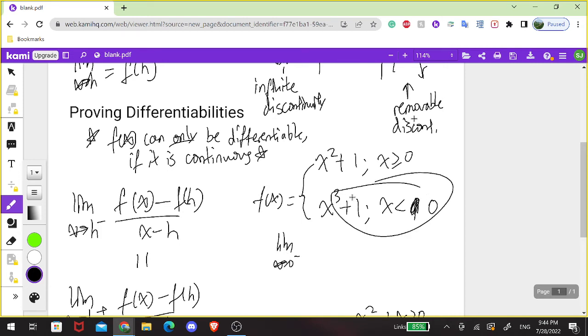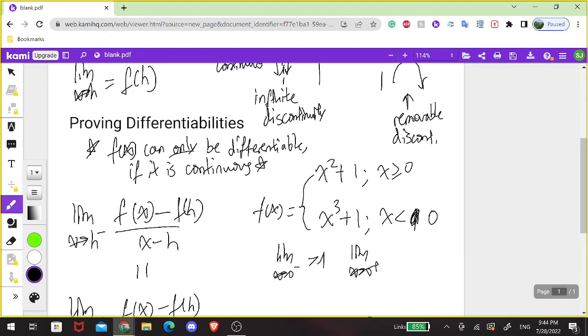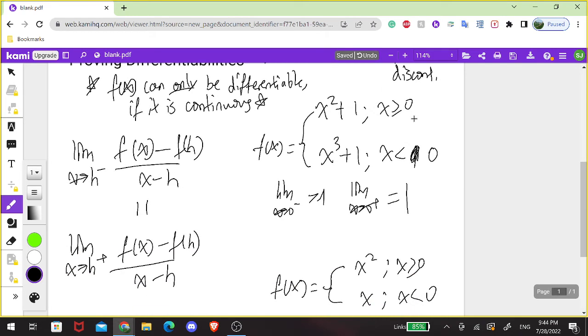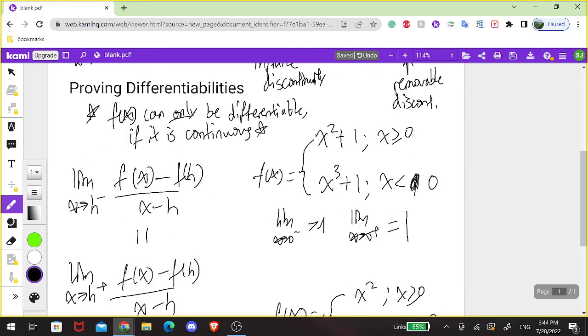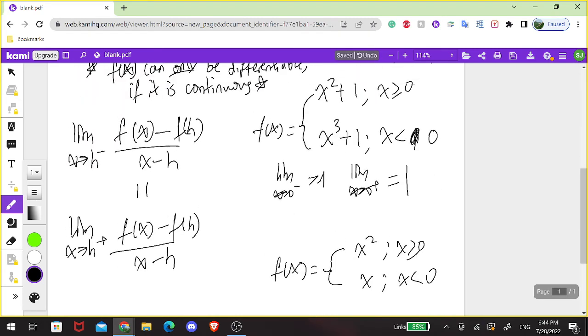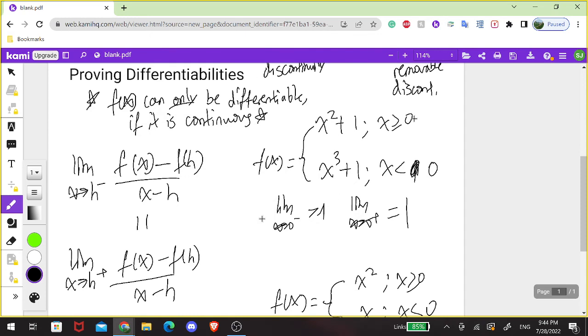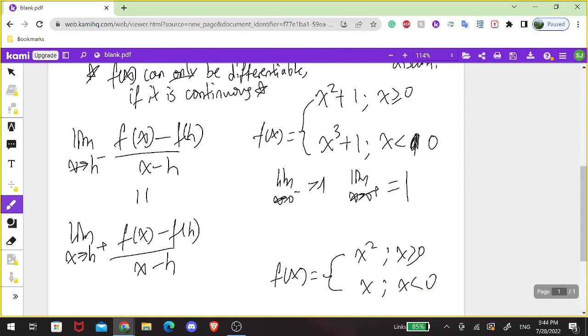It is this function, so 0 plus 1 is 1. The limit as x approaches 0 from the right, 0 plus 1, is also equal to 1. So the limit exists, both left and right are equal to 1, and at the actual point it's also equal to 1. So this is continuous. And now let's prove if it's differentiable.